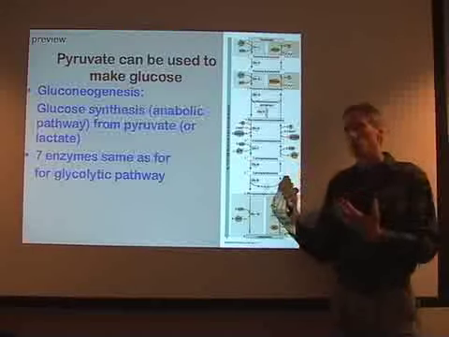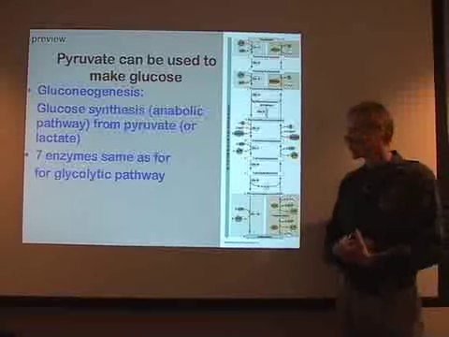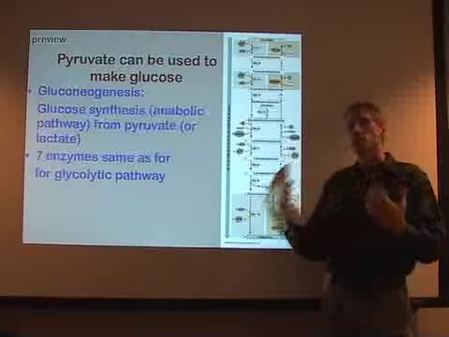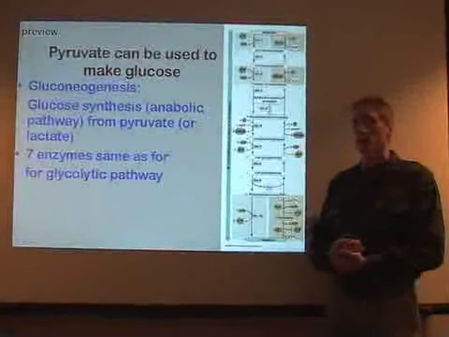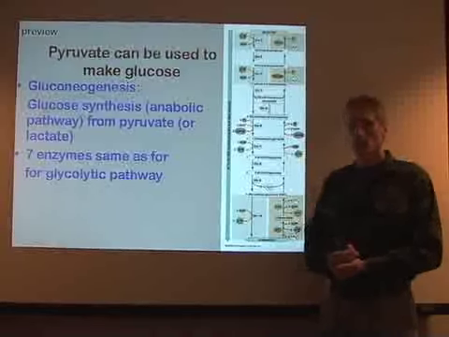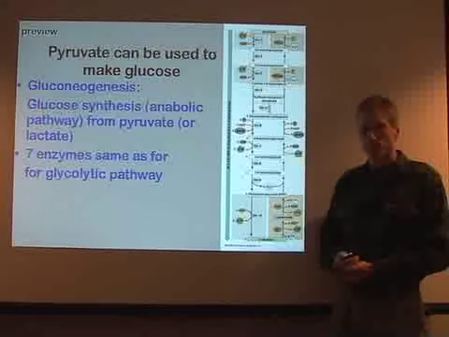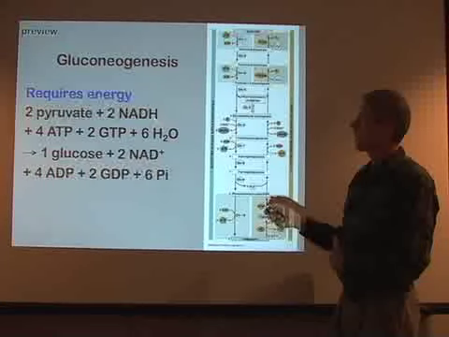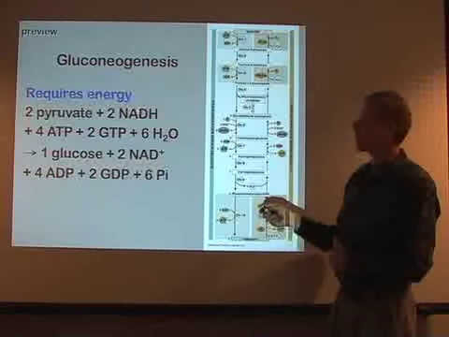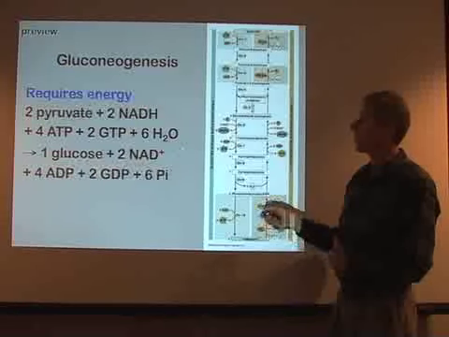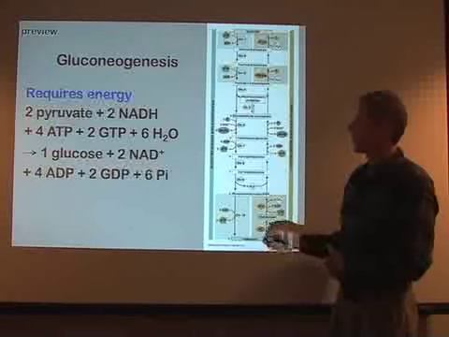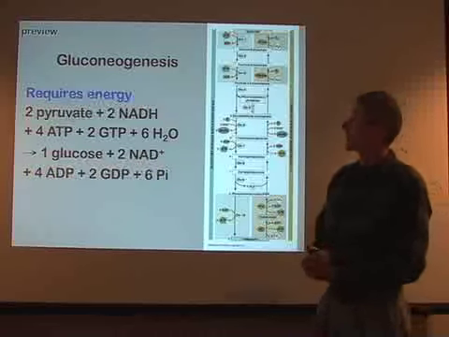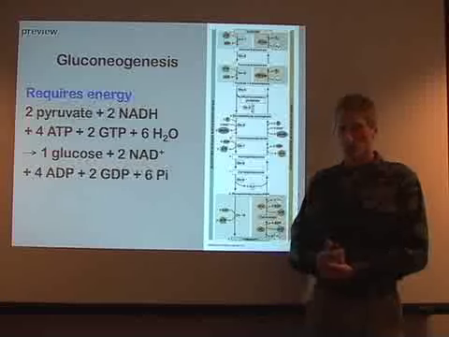So if you have excess energy after a meal, or if you're digesting your muscle during a fast, you can make glucose because your brain prefers glucose as food. So gluconeogenesis requires pyruvate, NADH, our high energy electron carriers, ATP, GTP, and water. And it generates glucose and the energy carriers depleted of their high energy bonds or electrons.